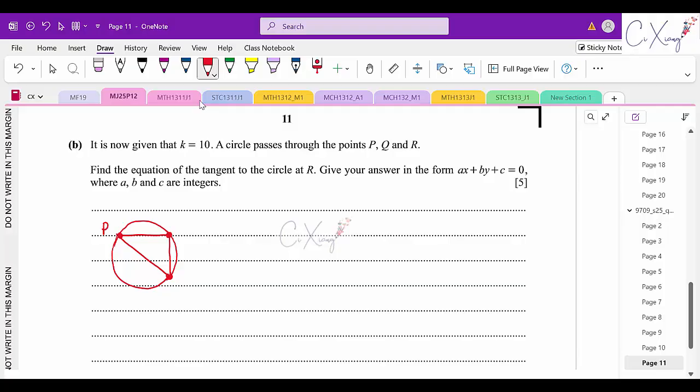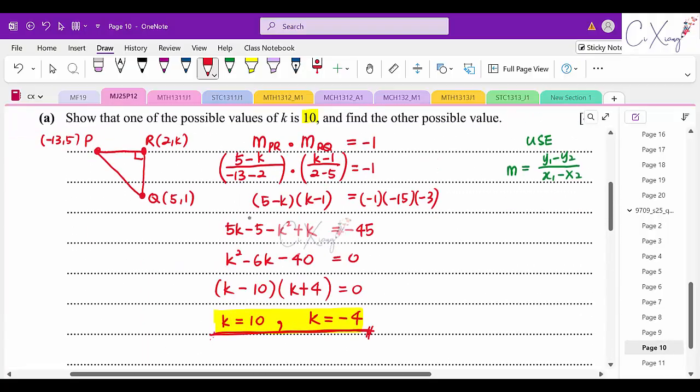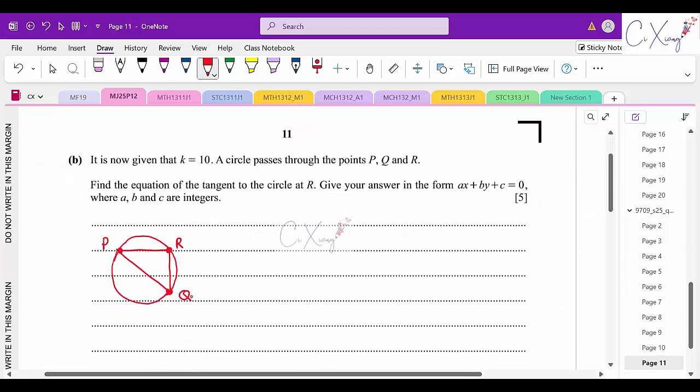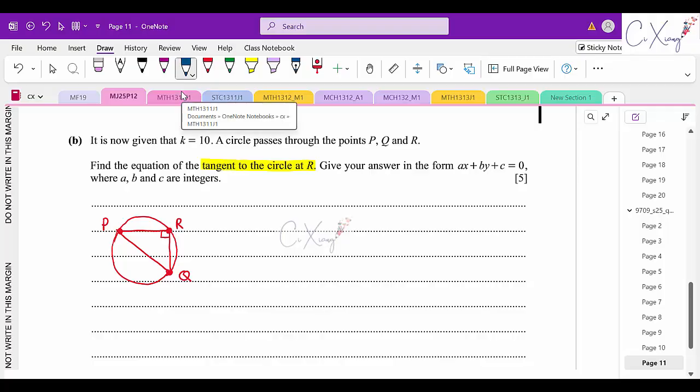Okay, so this is P just now, this is the R and this is the Q. Because they say PRQ is a right angle, if I'm not mistaken. Double check again. Yeah, PRQ is a right angle, correct. When I'm having a circle that passes through the 3 points of this right angle triangle, they want us to find the equation of the tangent to the circle at R. So where's the tangent to the circle at R?